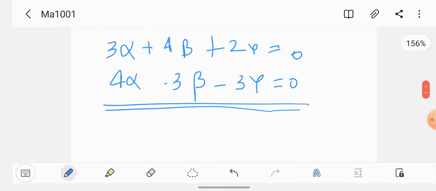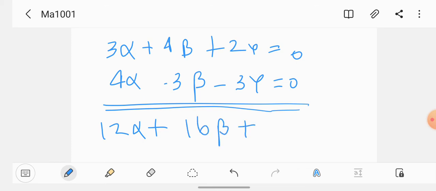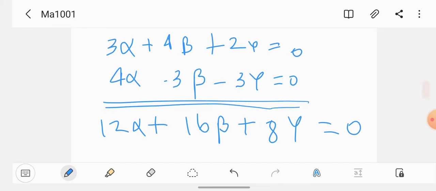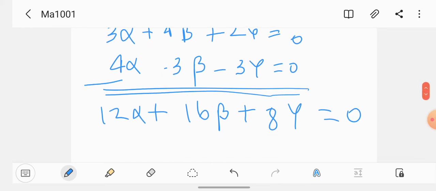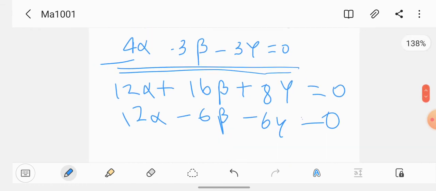We multiply the second equation by 3: 12 alpha minus 9 beta minus 9 gamma is equal to 0. And we subtract these.